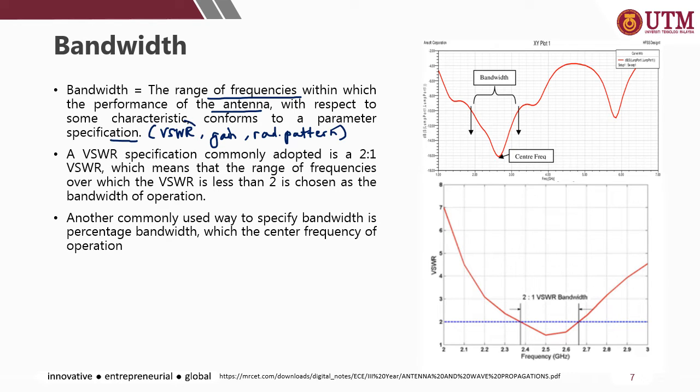VSWR is commonly adopted in bandwidth measurement, and VSWR will be represented as a ratio, for example 2:1, which means that the range of frequencies when the VSWR is less than 2 will be chosen in the bandwidth calculation.